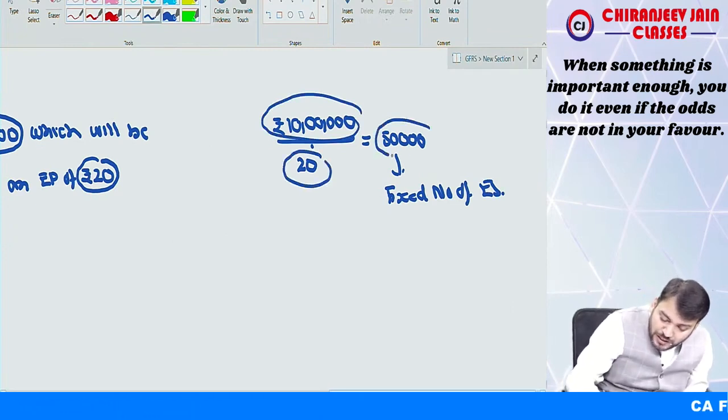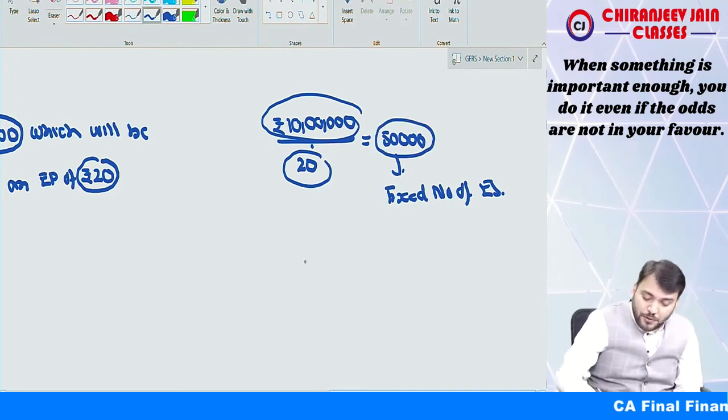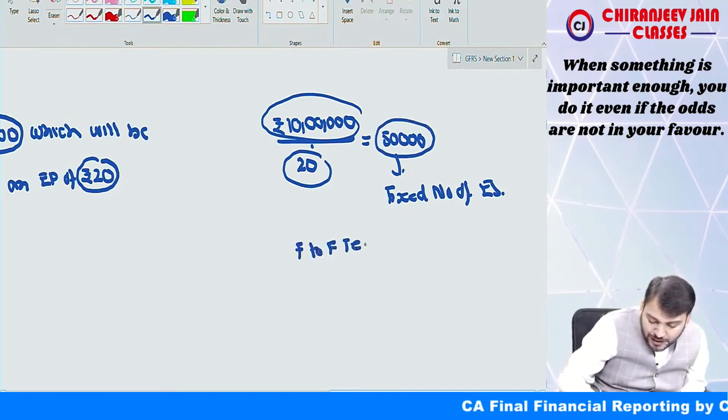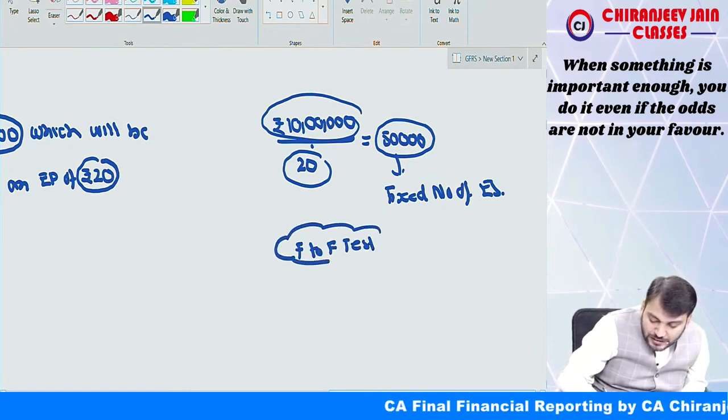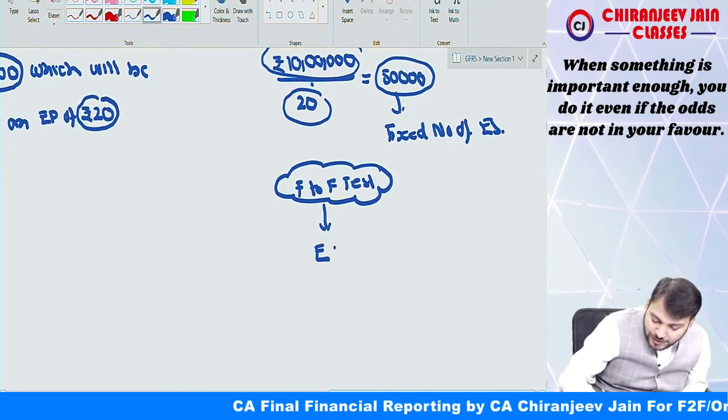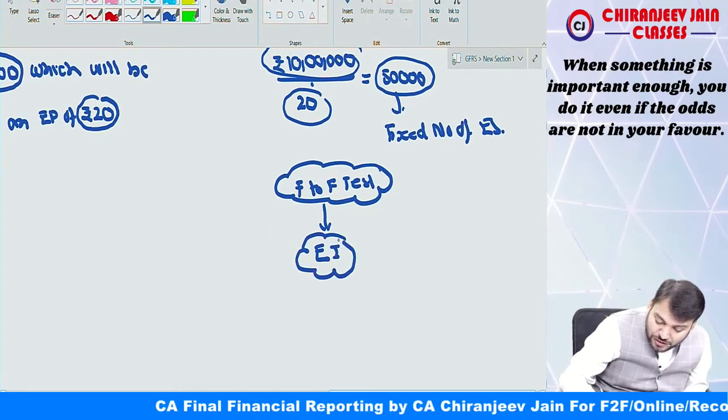Therefore, the fixed to fixed test is satisfied, and the entire instrument will be classified as an equity instrument.